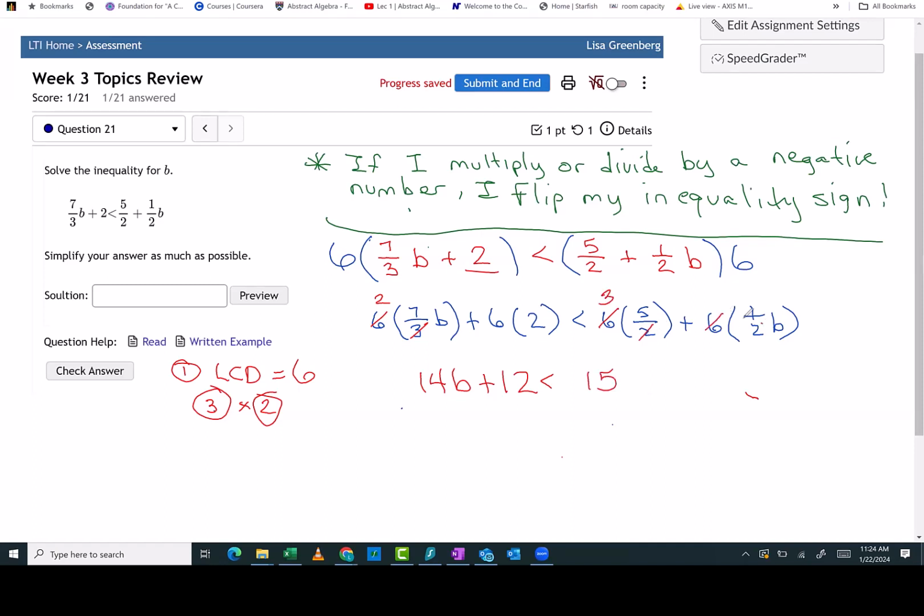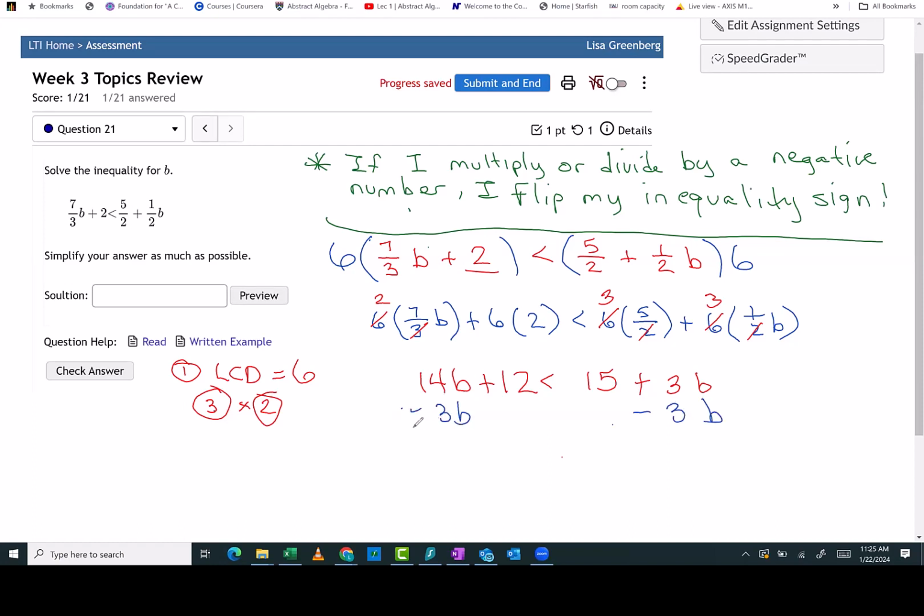And again, 6 divided by 2 is 3, which gives me plus 3b. Everything else is canceled out except 3 times 1 and b. Now this is simple. Hopefully, I'm going to isolate my b. How am I going to do that? I'm going to subtract 3b from both sides.